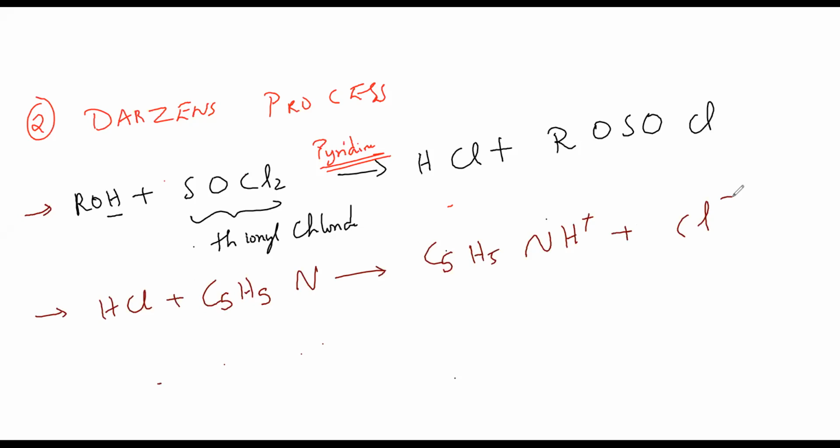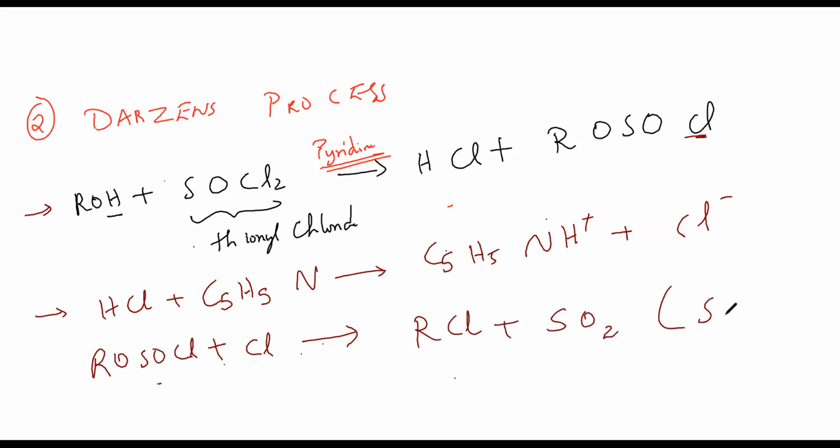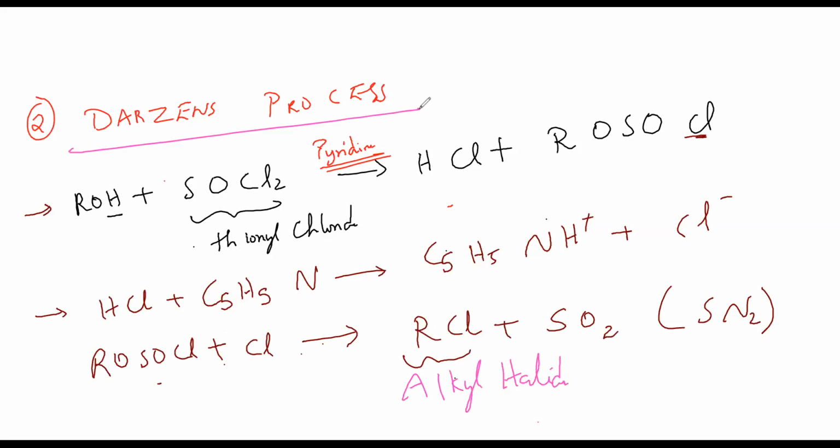So this is only for the HCl, and for the remaining Cl, ROSOCl, again I'm treating with respect to chlorine, which will give me RCl, the alkyl halide, plus SO2. This is my corresponding alkyl halide here. This is the preparation by Darson's process.